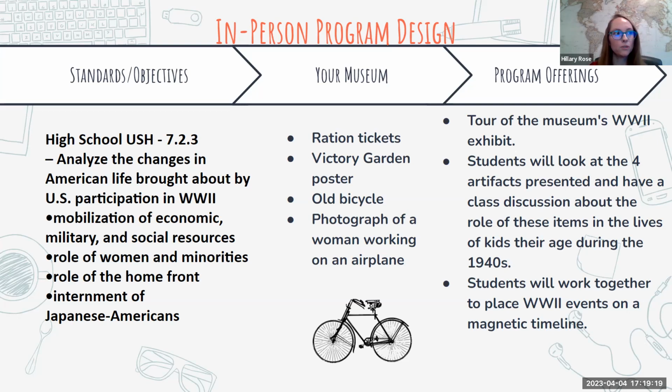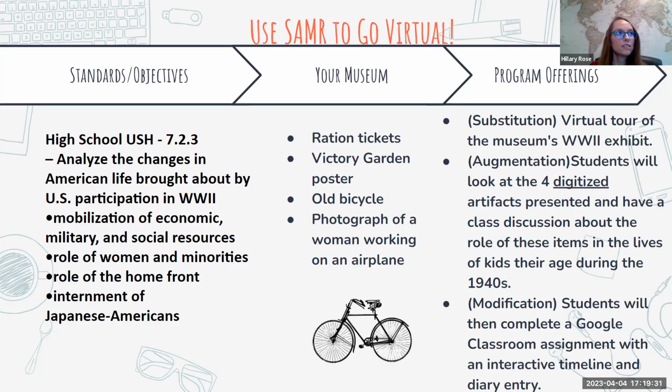Now, if you are going to use that same learning goal that we have here and transform this into something interactive that's virtual, we want to look at the SAMR model. So again, I have the same learning objective, the same artifacts from your museum.